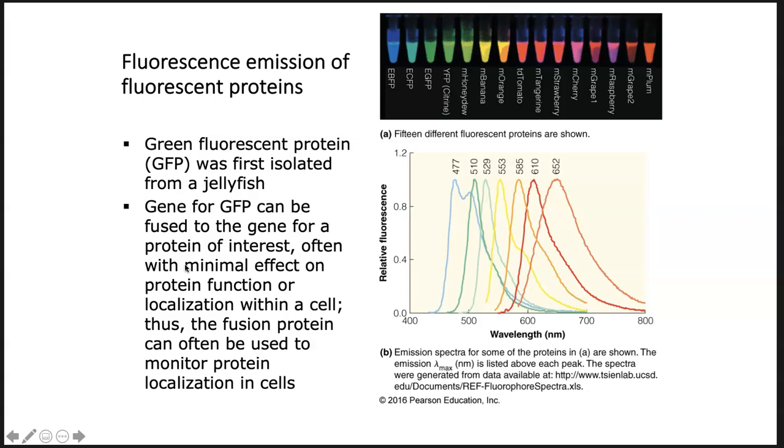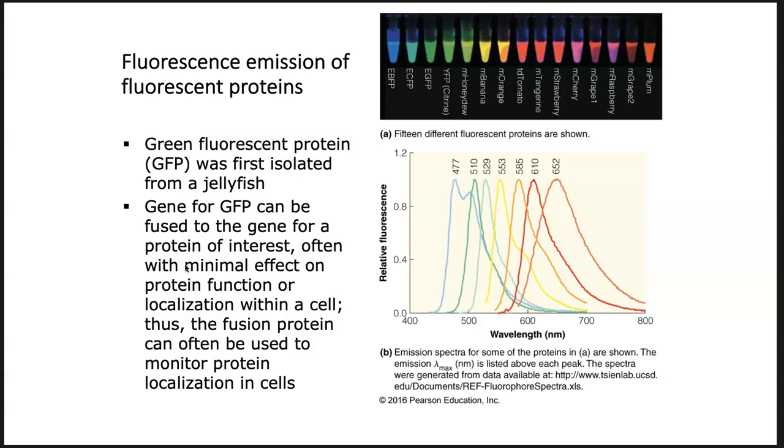The gene for GFP is really cool because it encodes the entire fluorescent protein. It's frequently used as a fusion protein, so you can take your protein of interest and then add GFP to the end of it. And so when that protein is expressed, it's expressed as itself with GFP connected onto it. And the GFP still is fluorescent.